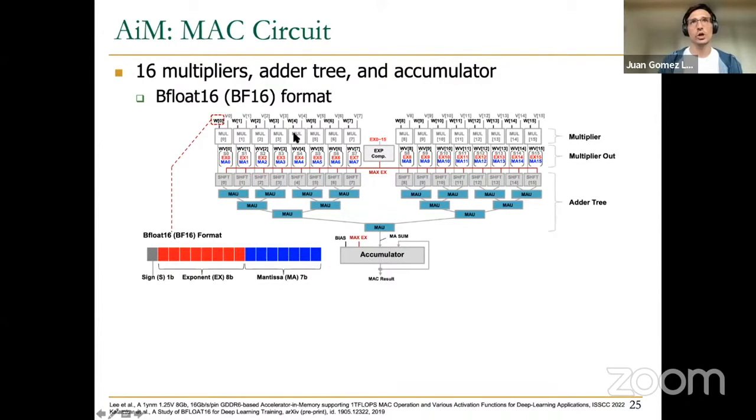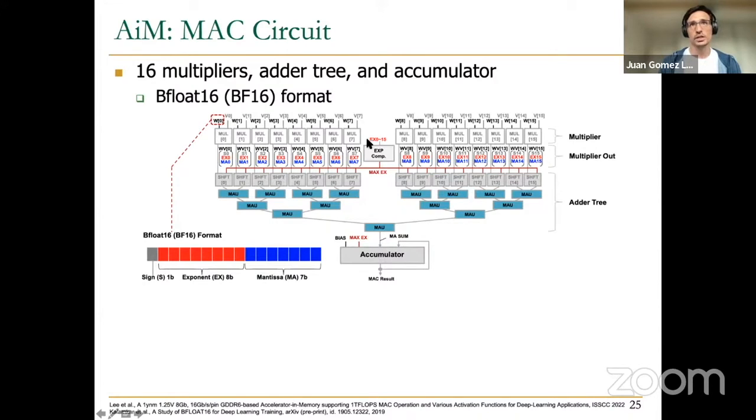At the very top, we can identify the 16 multipliers. As you see, the inputs to each of these multipliers are one element coming from the matrix of weights and one from the vector; in this case element B0 is the input to lane 0 in the multiplier.